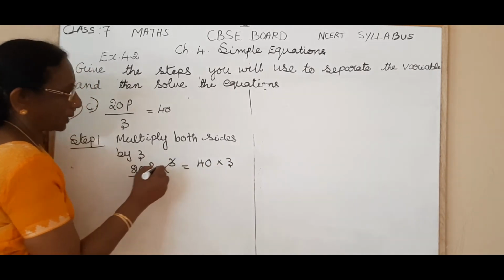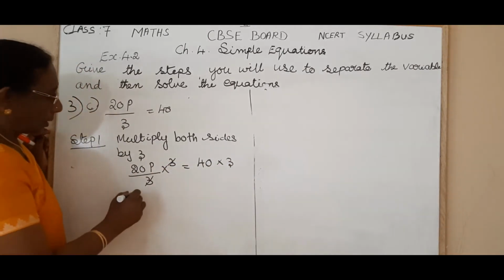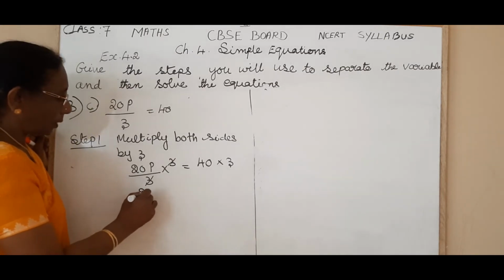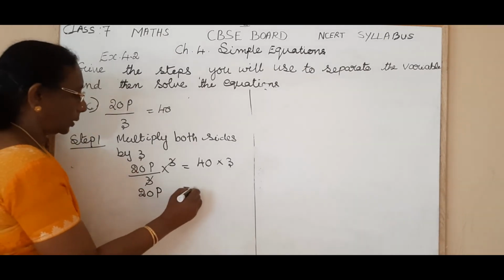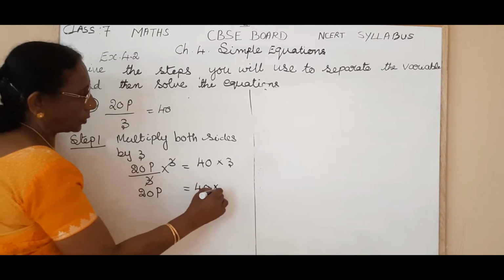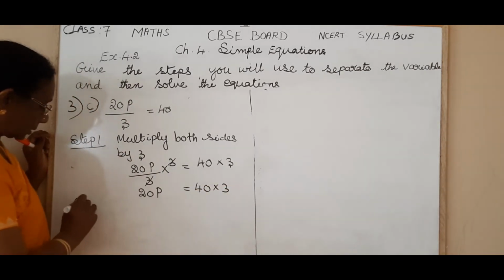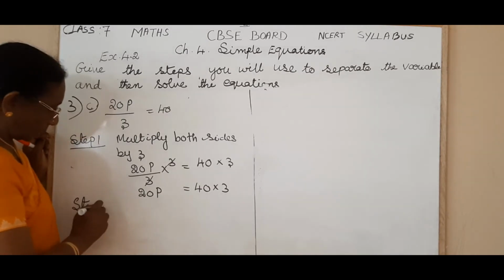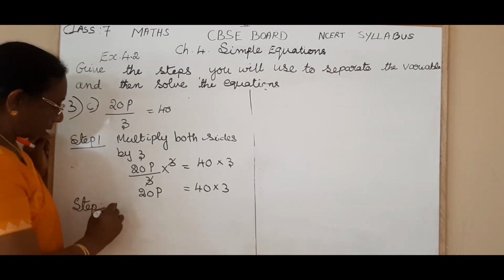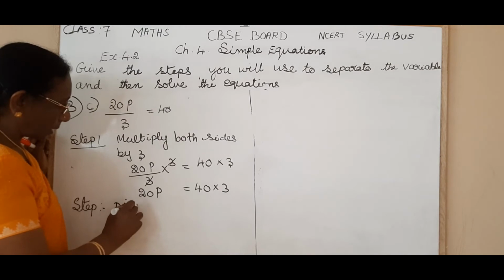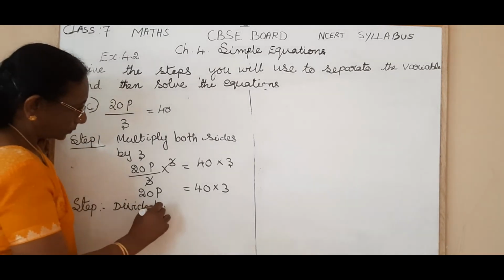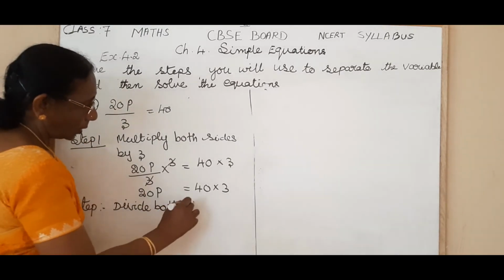So 3 and 3 get cancelled. Now what do you have? 20p is equal to 40 into 3. Now next step is what? You have to eliminate this 20. So here multiplication, so the opposite is divide both sides.